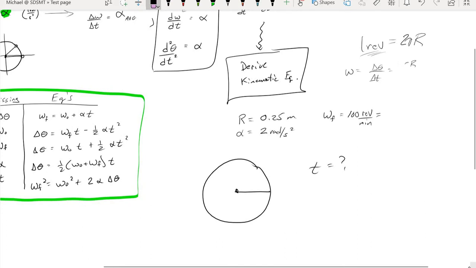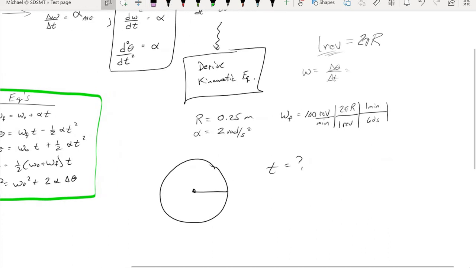But let's see here. I need to get my goalposts set up for my unit conversion. For every 1 revolution, we have 2 pi r for the displacement. For every 1 minute, we have 60 seconds.